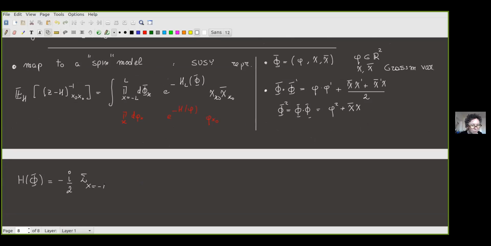Here we have the sum from x between minus L and L minus 1 of phi of x plus 1 minus phi of x, squared, plus the sum over x of V of phi of x squared.